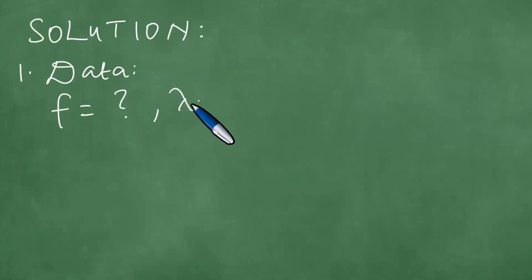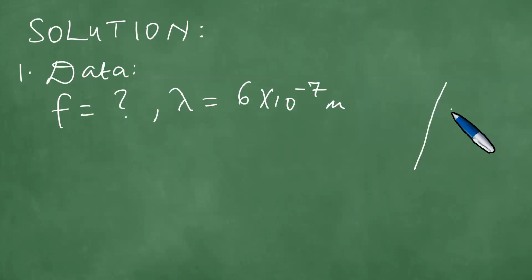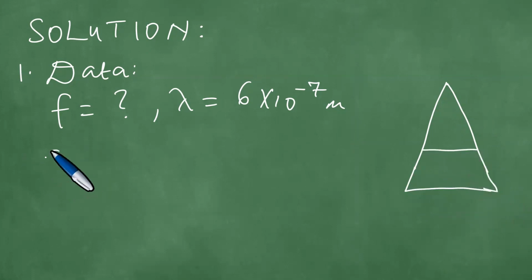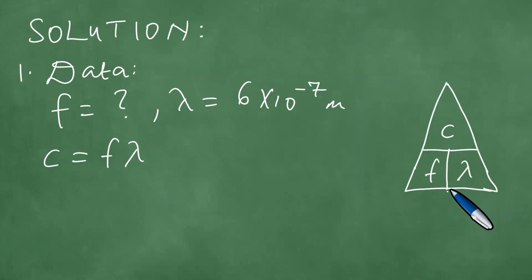So the wavelength is 6 times 10 to the minus 7 meters. We write down our triangle, and we know from the triangle that our formula is C is equal to F lambda.